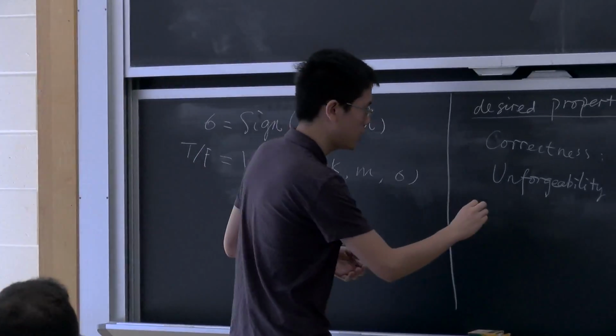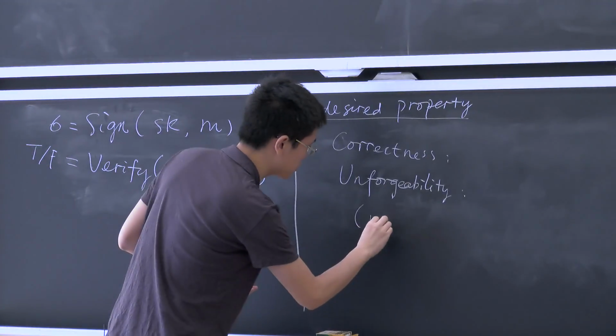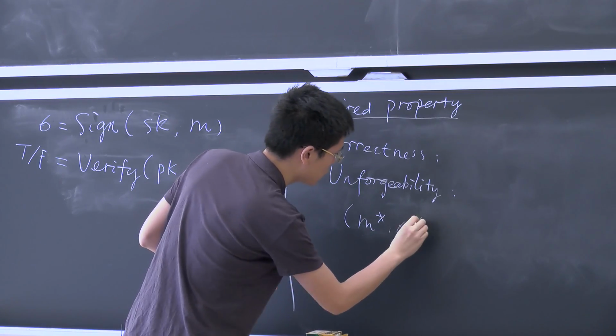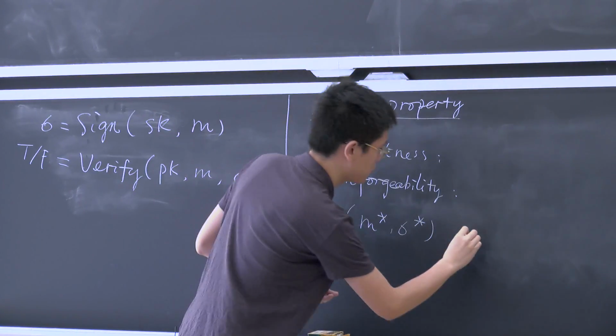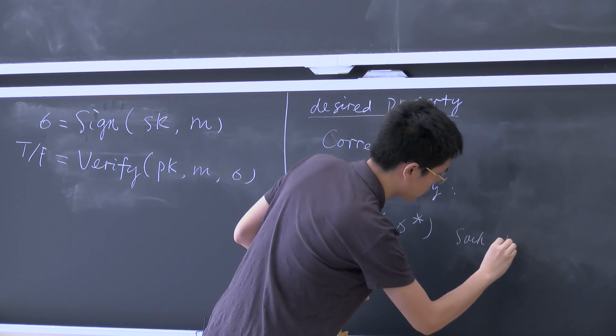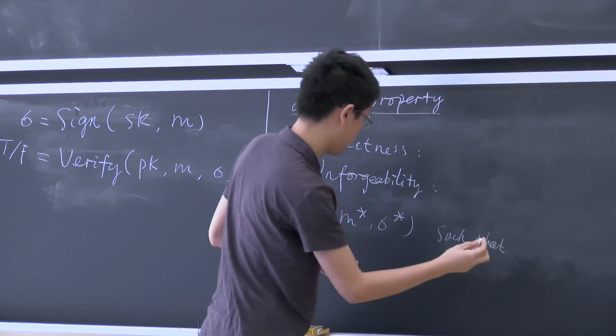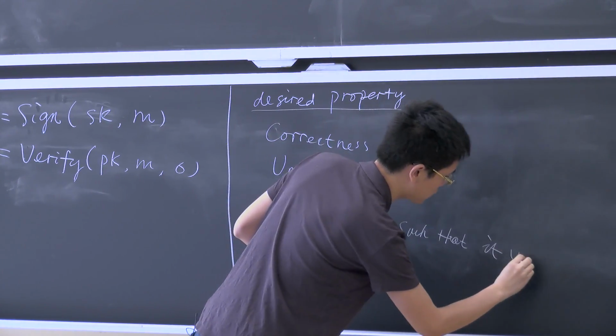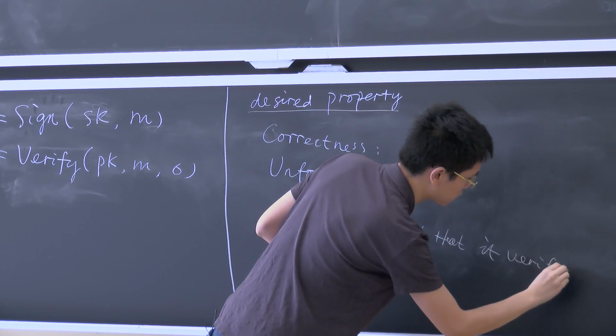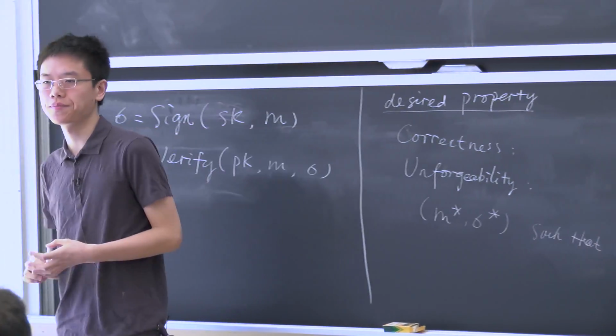So they should not be able to produce m star, sigma star such that it verifies. Make sense?